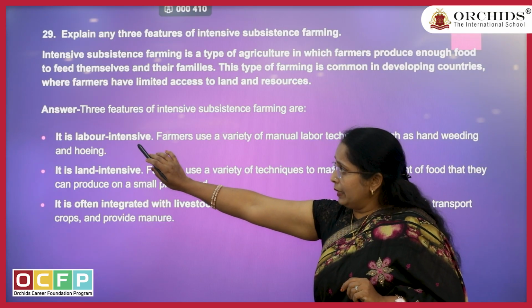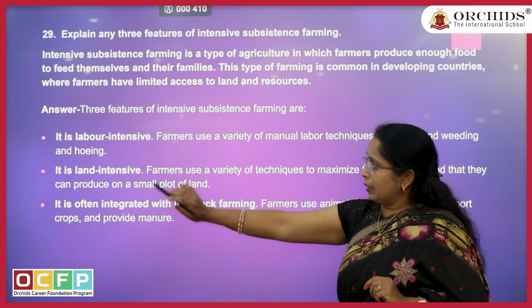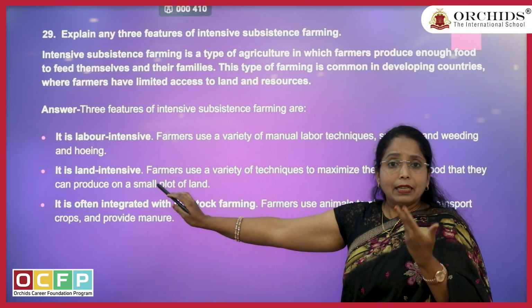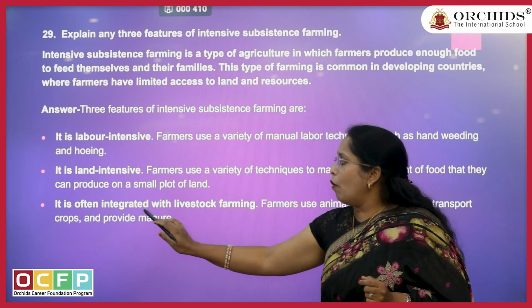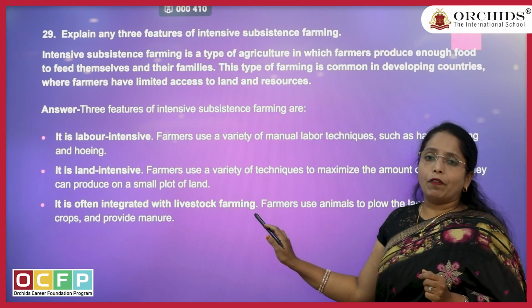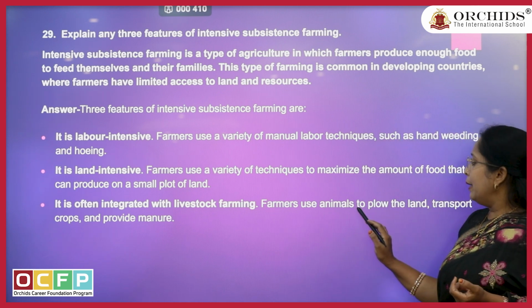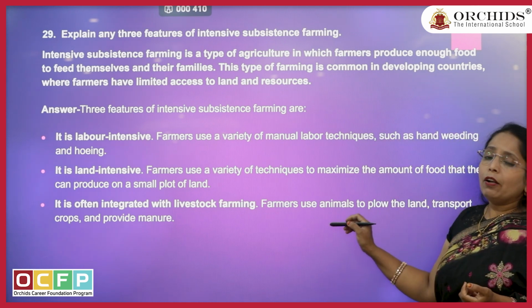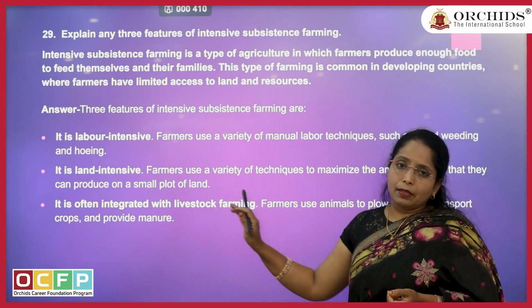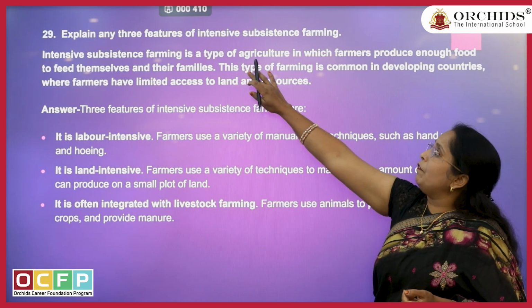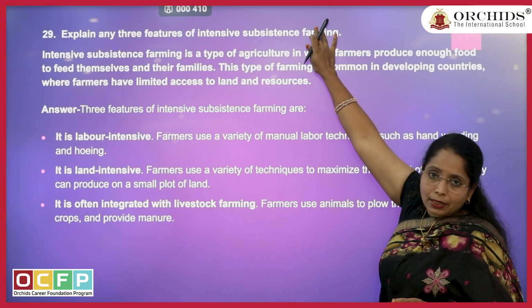The features are, it is labor intensive, it is land intensive, most of the time the farmer will have his own land, and it is often integrated with livestock farming. They may be doing poultry or sheep farming or any other animal rearing or animal domestication. These are the 3 points you have to write to explain the 3 features of intensive subsistence farming.